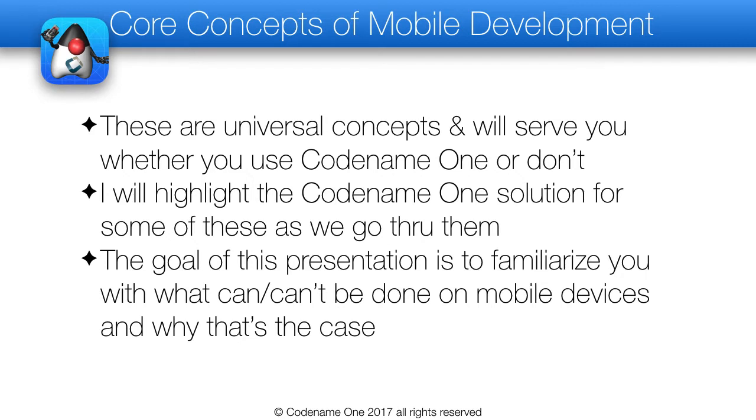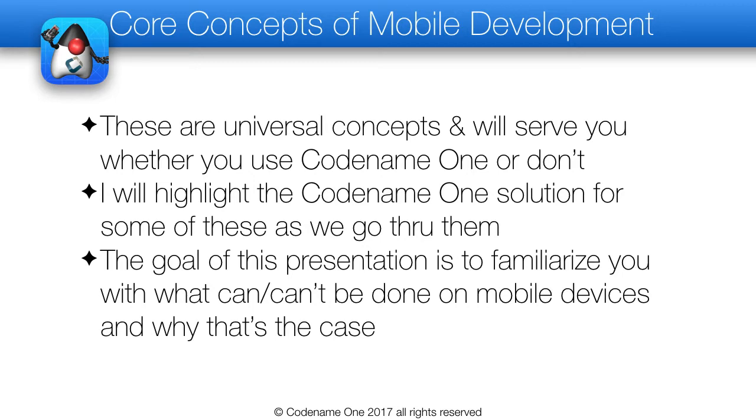I don't know if everything will sink in, but I want to give a sense of why mobile is so different from desktop programming or server programming, if those were the experiences you had before, and also if you just started out in mobile, it gives you a better sense of where the limitations are.